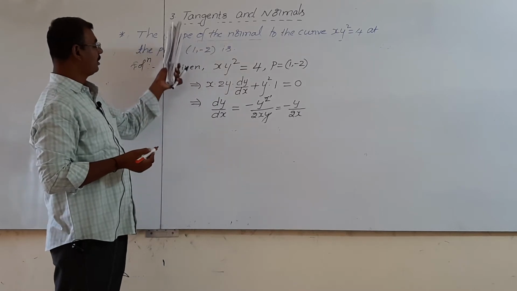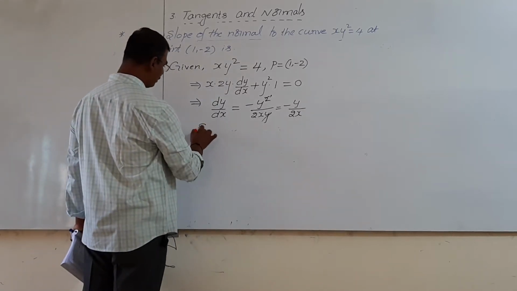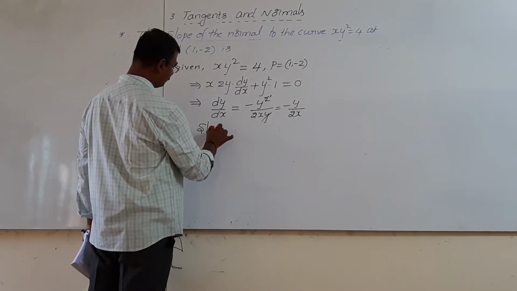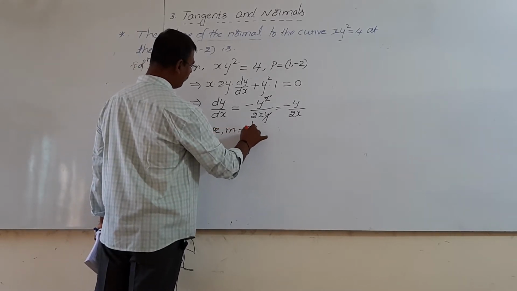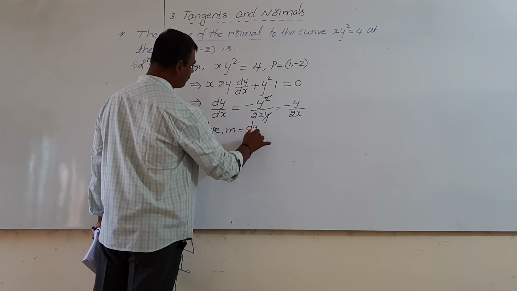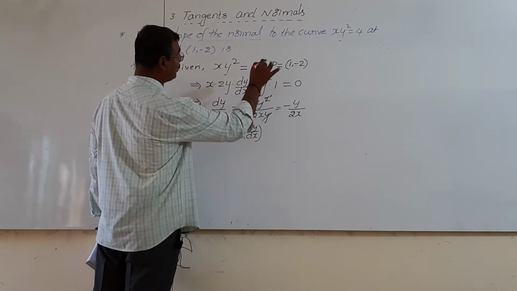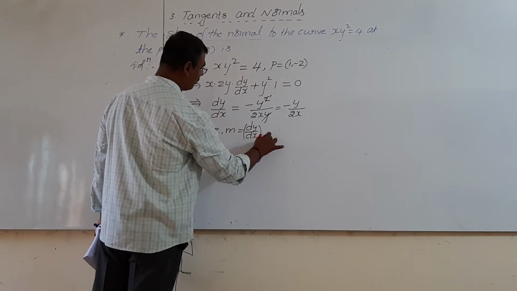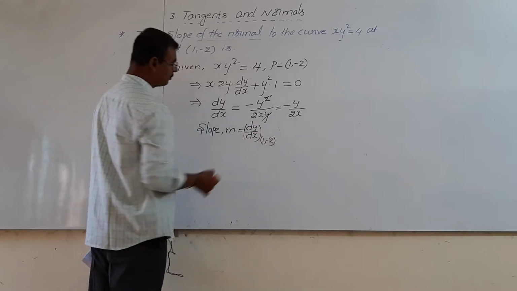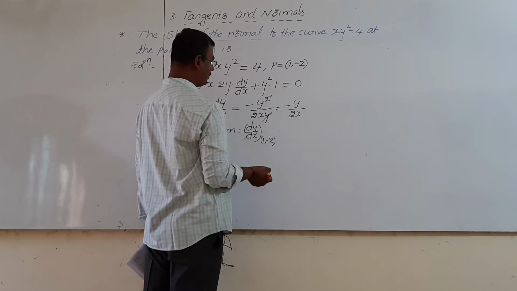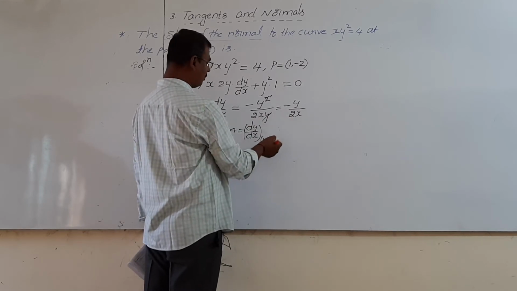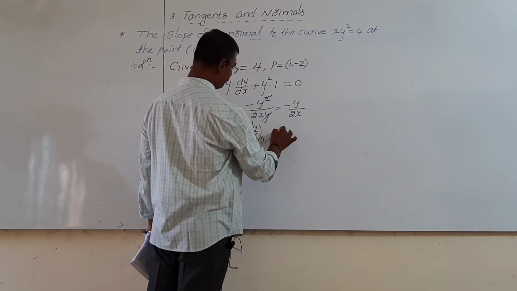So what actually is slope? Slope, denoted by m, is dy by dx at which point? The point is 1 comma minus 2. Substitute x is equal to 1, y is equal to minus 2.